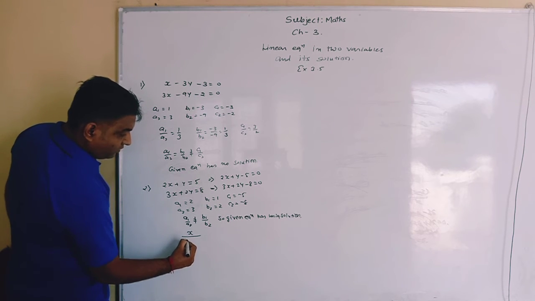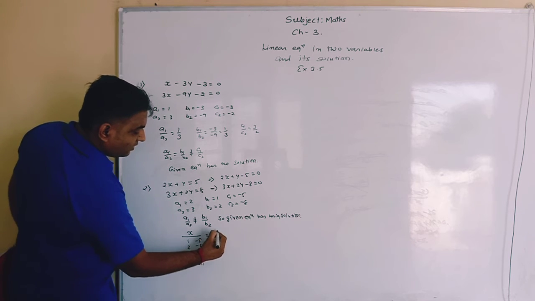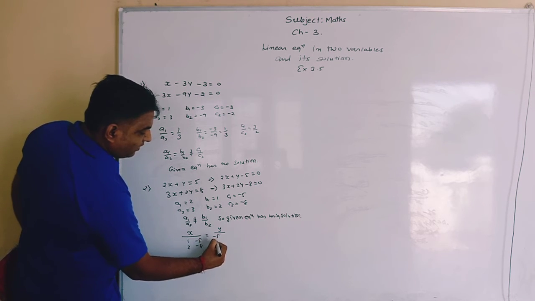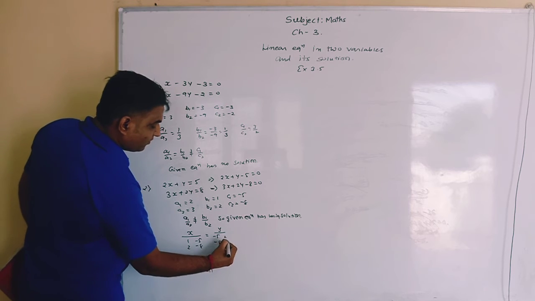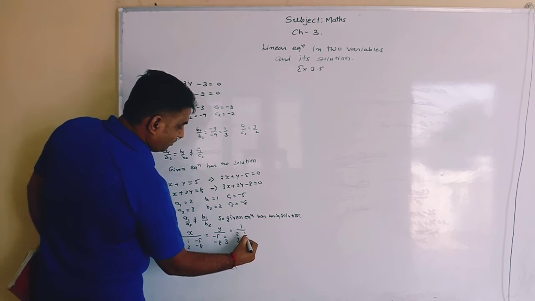x upon (1)(2)(minus 5)(minus 8), y upon (minus 5)(minus 8)(2)(3), and 1 upon (2)(3)(1)(2).